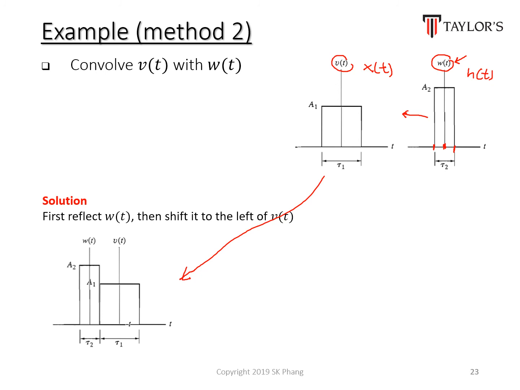After you do the reflection, and then you move it all the way to the left and place it on the same axis where the right of the h will touch the left of the x. So they will touch one another here. And in this case, you need to record now how much you have shifted to the left, which is here. We know that we have already shifted to the left by tau 1 divided by 2 plus tau 2 divided by 2. Because this is tau 1 divided by 2, and this one is tau 2 divided by 2. You have shifted that much to the left.